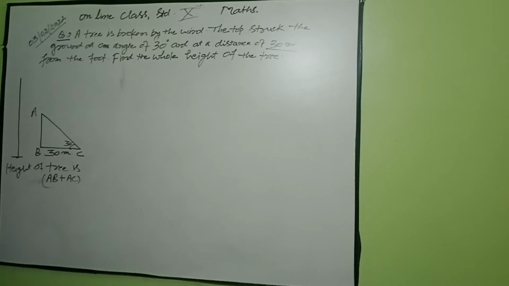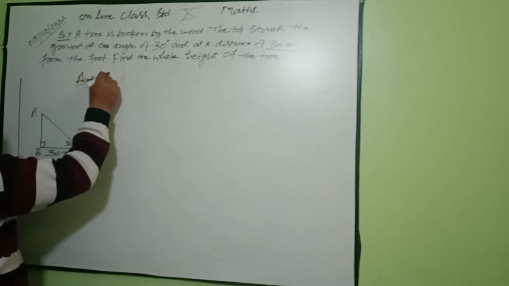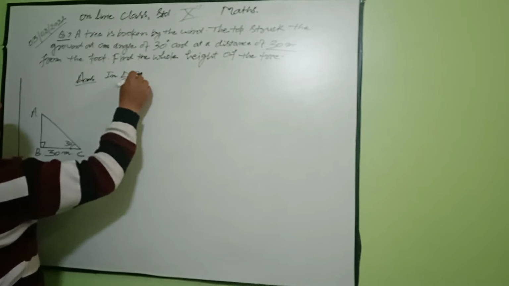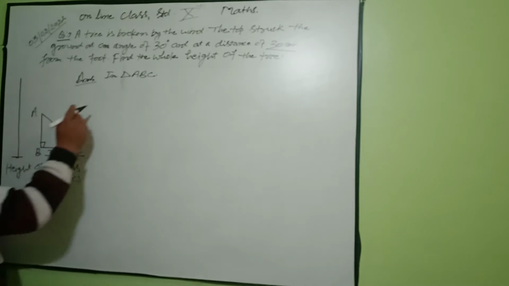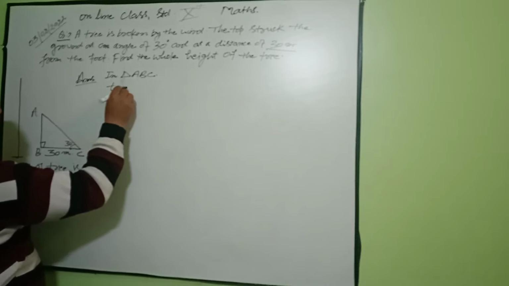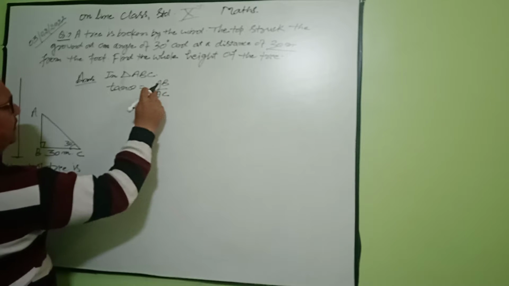Then by Pythagoras theorem, in triangle ABC, this one is a perpendicular because tree, wall, pole, these are perpendicular on the earth. It forms 90 degree. So in triangle ABC, tan theta, P by B, equal to AB by BC.